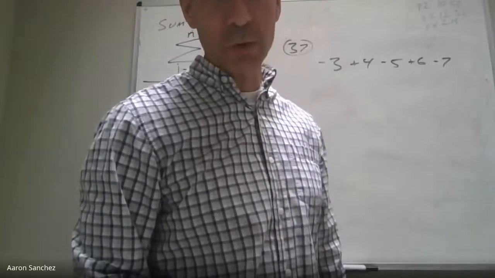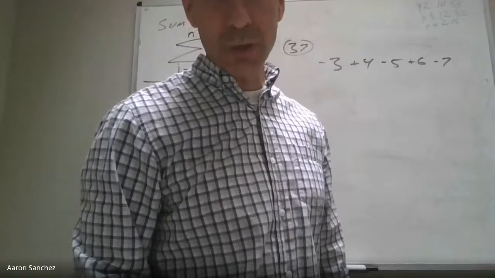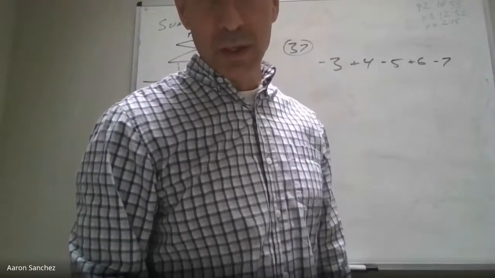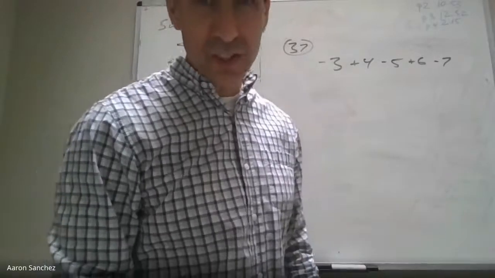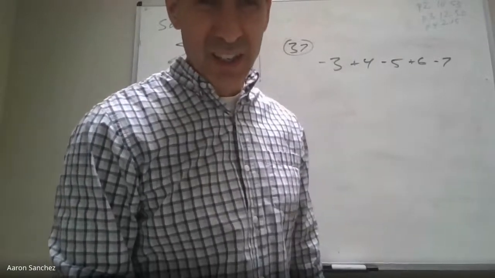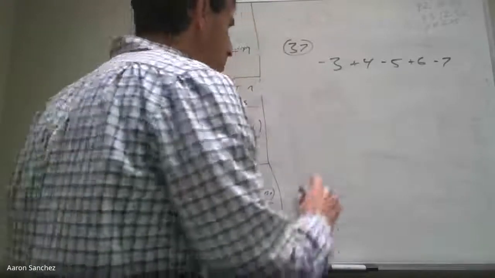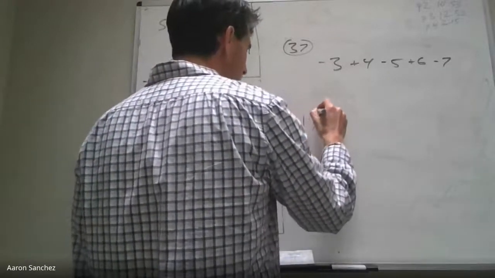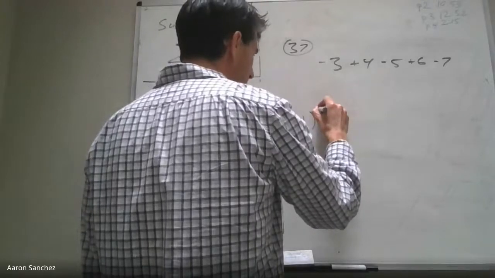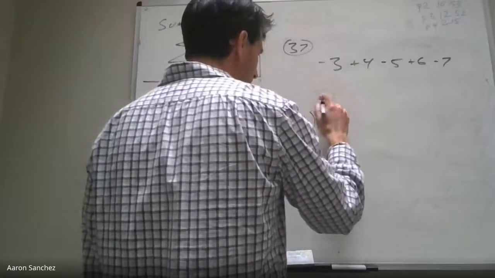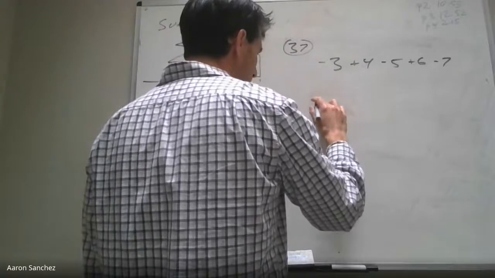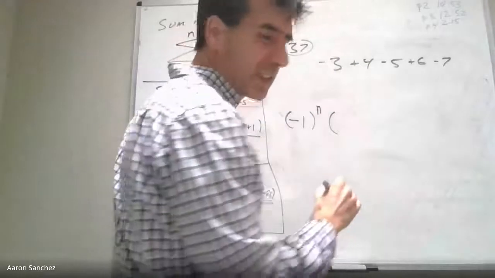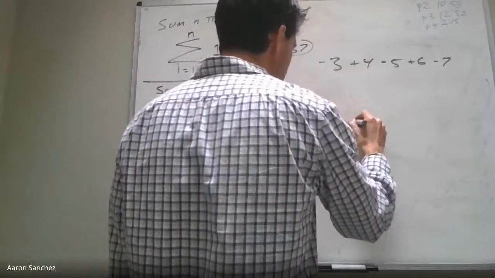Okay, so what's my rule going to be? This is just weird. So it's -1 to the n, times n plus 2.